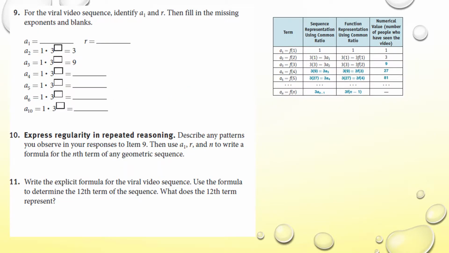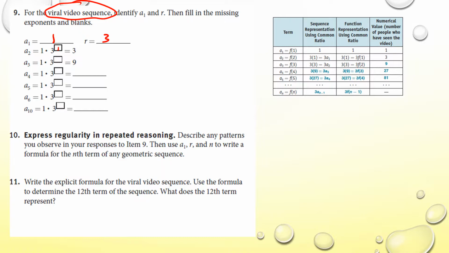So if we look at some patterns here, we can identify things that are going to help us write an explicit formula. So we know that a sub 1 in this viral video scenario, it's not always 1, but this one started with 1, and we know that the common ratio is 3. So the second term was 1 times 3 to the 1, because it was just 1 times 3, which was 3.